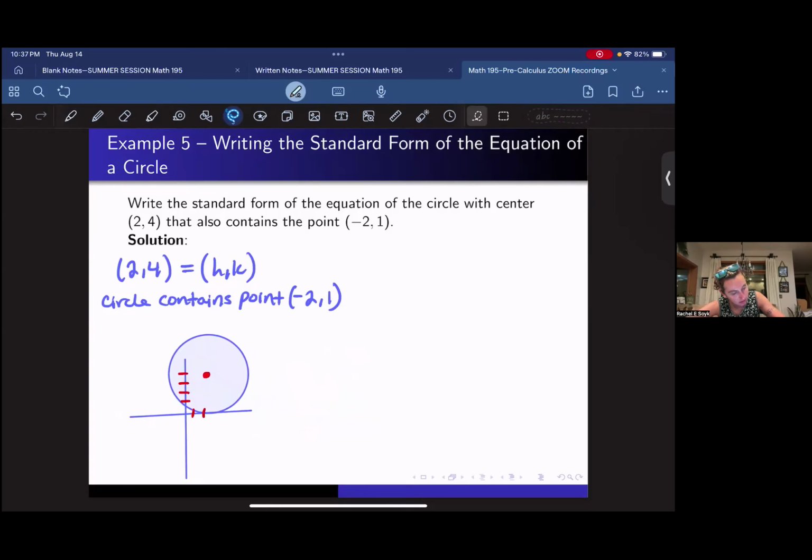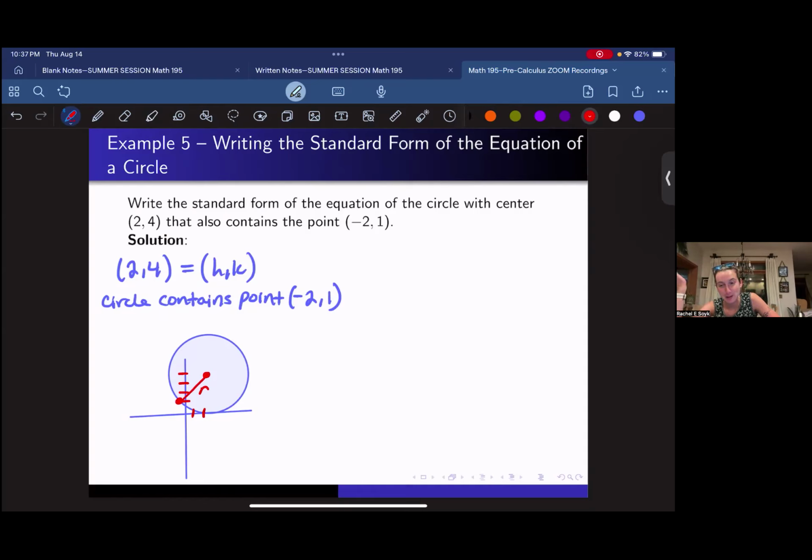That seems about right. And then we have -2 comma 1. I'm going to say is over here about, not drawn to scale. So we're going to use these points in order to calculate our r.